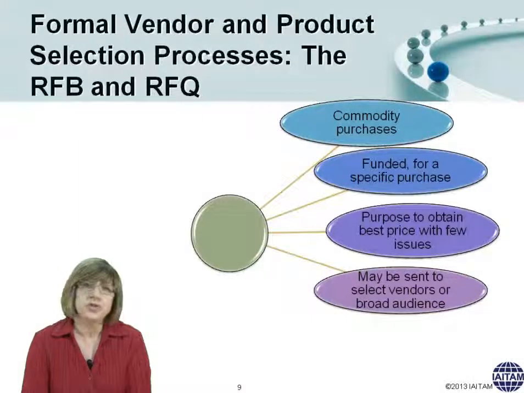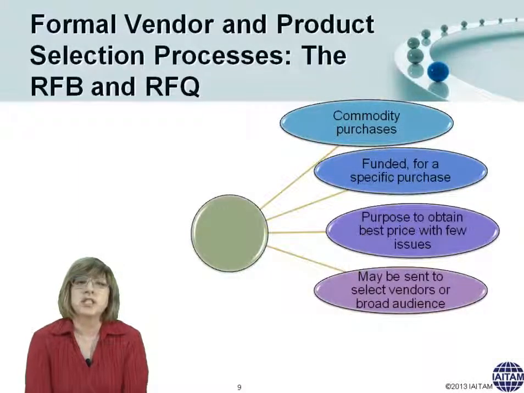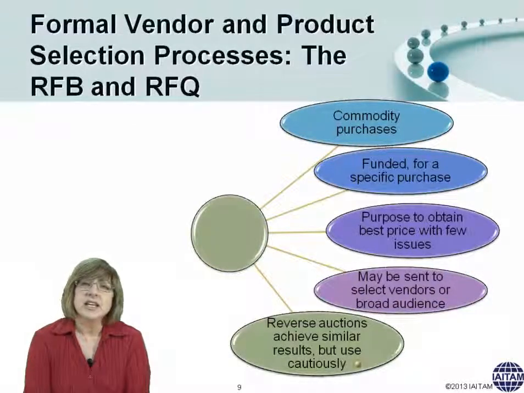If you want to look for a new vendor, you may send it to a variety. If you want to stick with a particular box, shall we say, you may select a refined list of vendors to choose from. And things such as reverse auctions using eBay or some other auction site could give you similar results, but you have to use those cautiously, because you've got to be concerned about things such as shipping, security of those assets, and what terms and conditions are in those contracts.